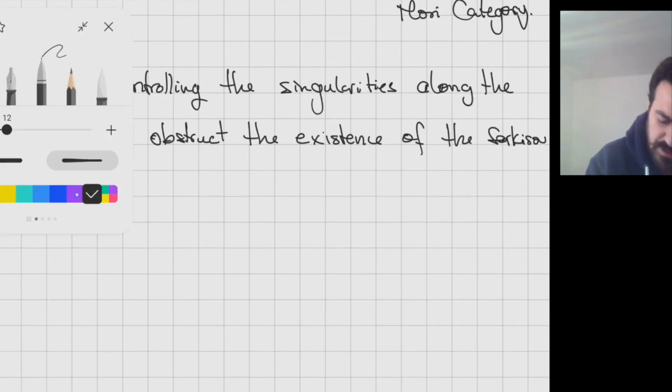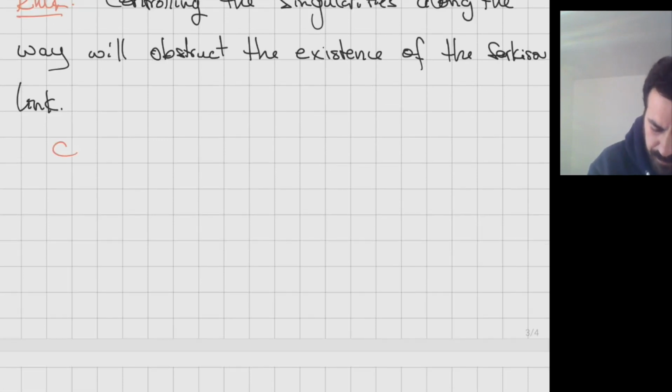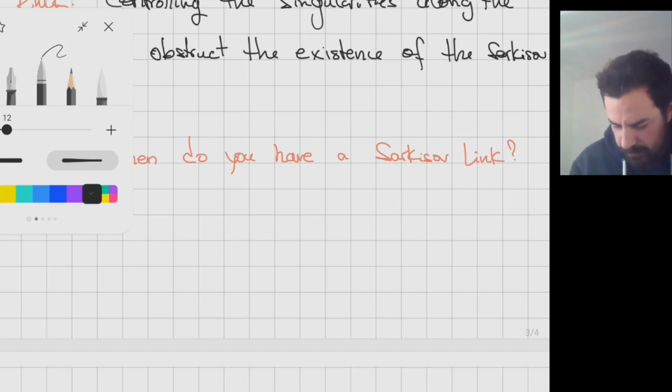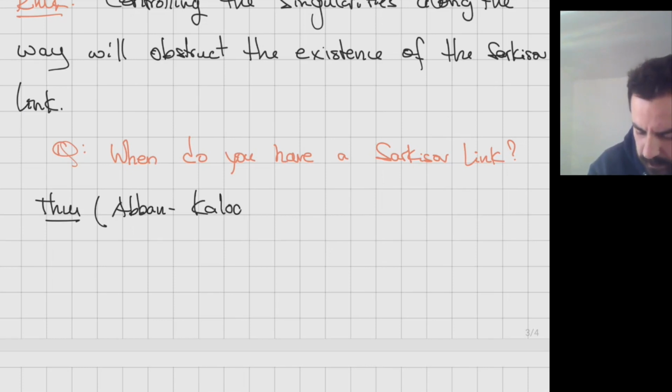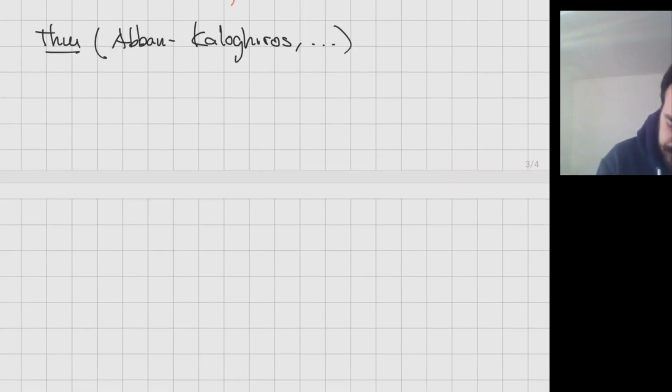So the question is, when do you have a Sarkisov link? There's this nice theorem by Araujo and Kaloghiros, though I'm pretty sure they're not the only source for this, and they say something really nice.